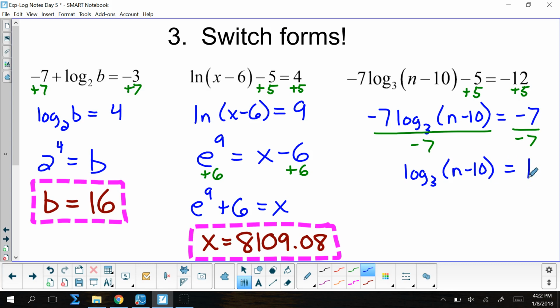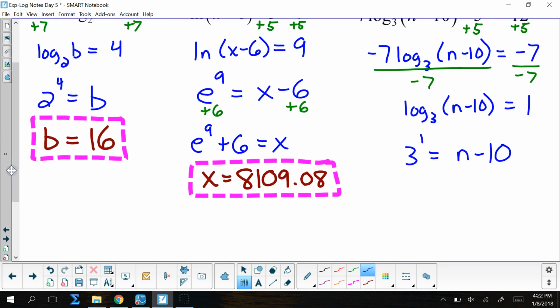Now I can switch forms. 3 to the first power is equal to n minus 10. 3 to the first power is 3. Add 10 to both sides gives me n equals 13.